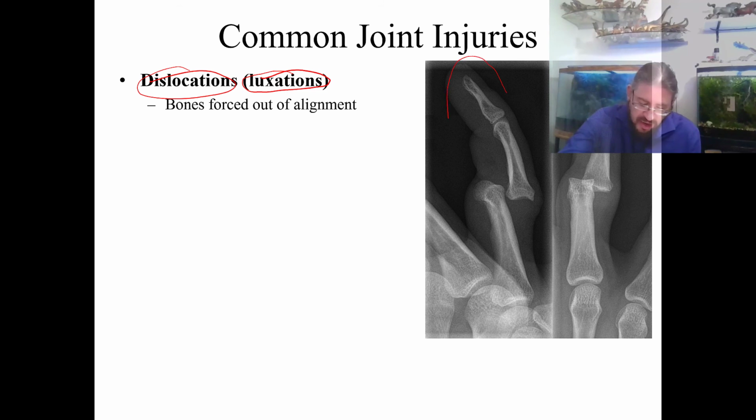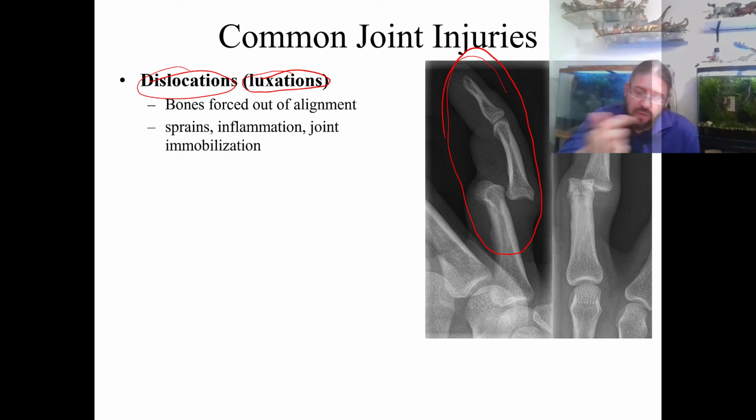So you can see here, we have luxation of a digit, in which the distal and medium phalange have been knocked out of alignment, generally due to some kind of force, like a sudden impact, like if you're falling. So serious falls can lead to this.